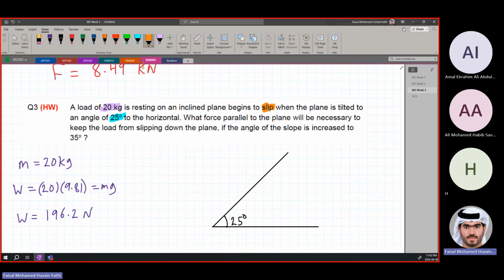What does slip mean? Imagine when you put something on your hand. If you start angling your hand in the opposite direction, eventually it will fall, it will slip from your hand. So if you keep your hand horizontal and then start angling it towards the ground, you will reach a specific angle where the item will slip.